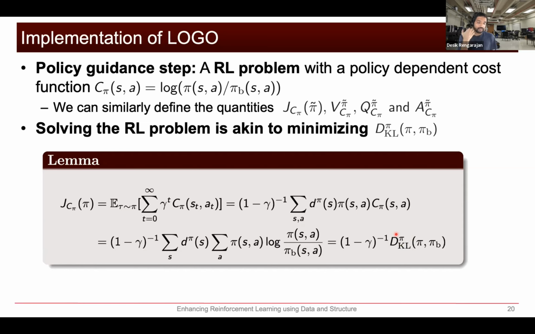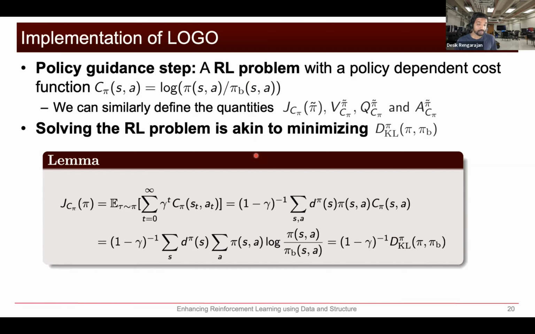Right? So what we have essentially shown is that you can solve the minimization of the KL between policy pi and pi_b by solving it as a reinforcement learning problem with a policy dependent cost function, where the cost function is essentially the log of pi by pi_b.